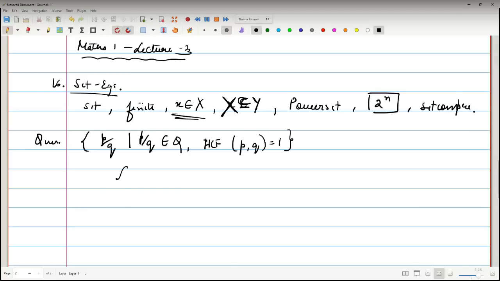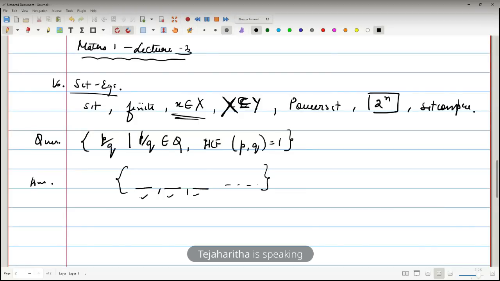At least give me 3 elements of this set. There can be infinite elements, but give me any 3 elements of this set. Try on your own. Take 2 or 5 minutes. Both are same, sir. HCF and GCD are the same. Yes.